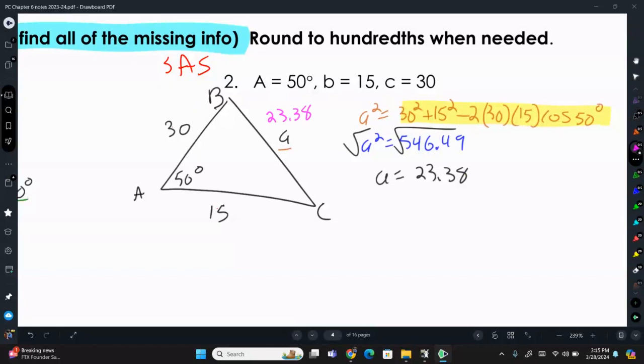Now we have to find an angle. And like I said, we want to find the smallest angle first. And again, the reason for that is when we take the inverse sine, we can only get acute angles because the inverse sine is going to give us an angle in quadrants 1 and 4, positive or negative angle.